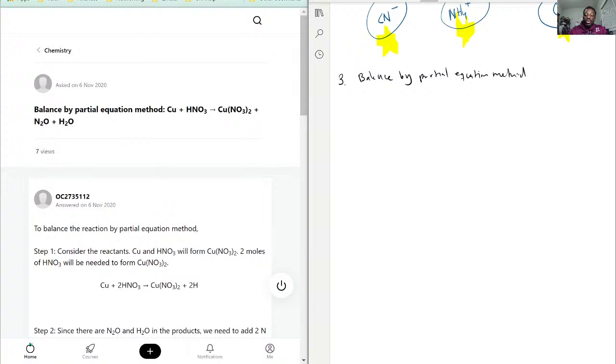So in order to balance this out, we're going to first write out the formula. Copper plus HNO3 turns into CuNO3 plus N2O plus H2O.